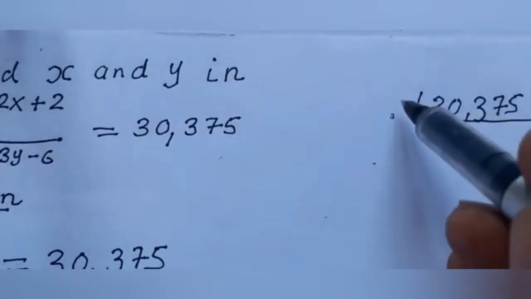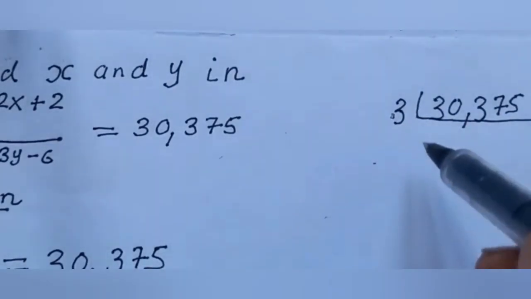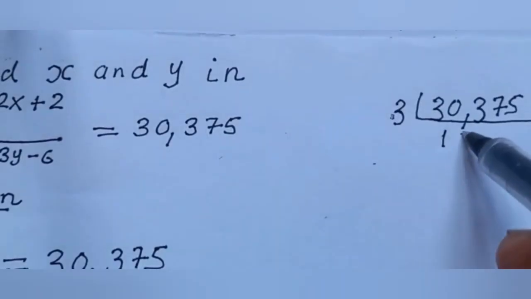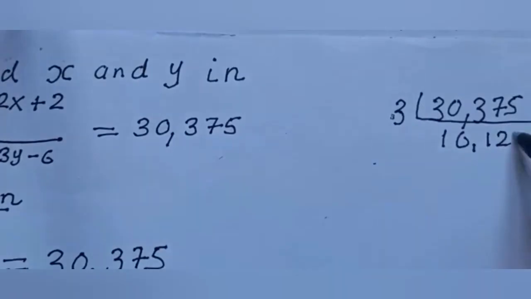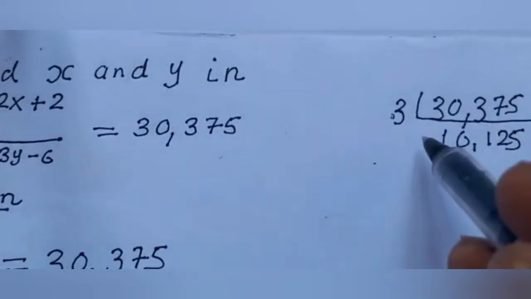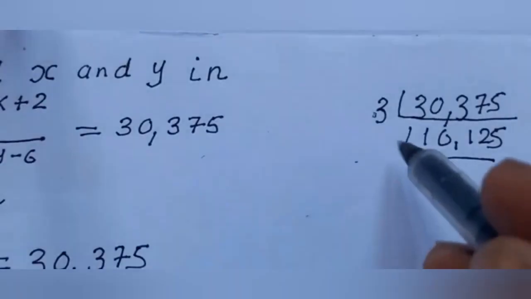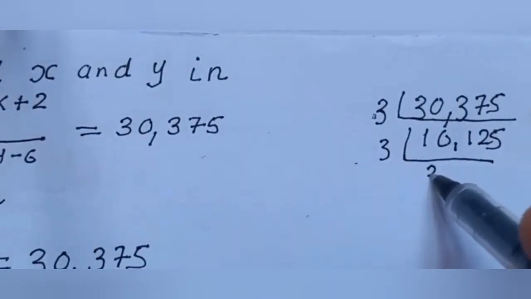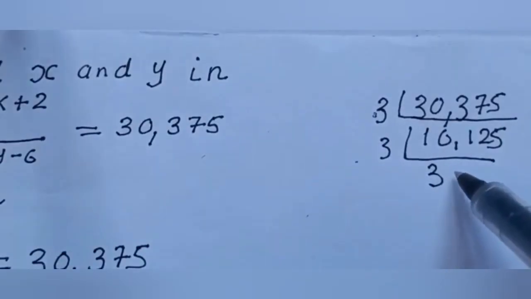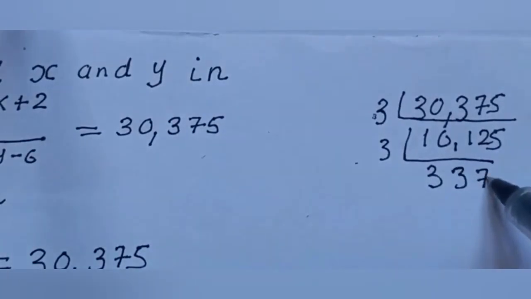The whole divided by 5. By 3 first, we get 10,125. Again, divide by 3, we get 3,375.